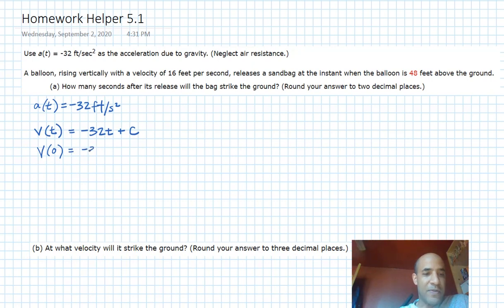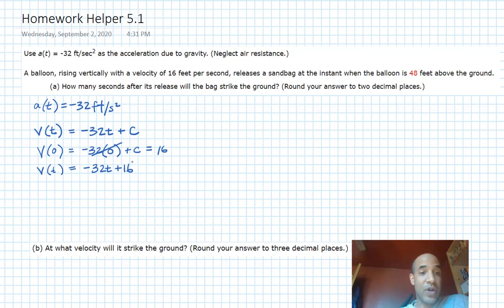Right when I let go of the bag, this will be equal to negative 32 times 0, because it's time 0, plus c, and that initial velocity should be equal to 16 feet per second, right? So c is equal to 16, because this is just 0. So I can rewrite that velocity equation as v of t equals negative 32t plus that initial velocity of 16.